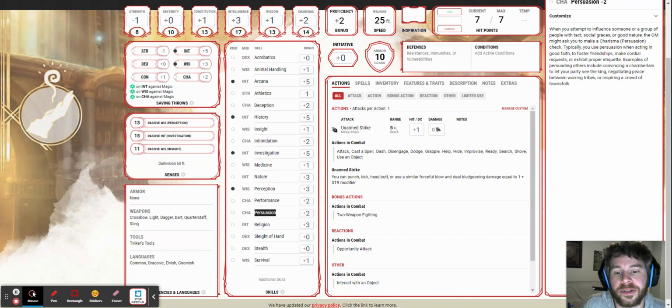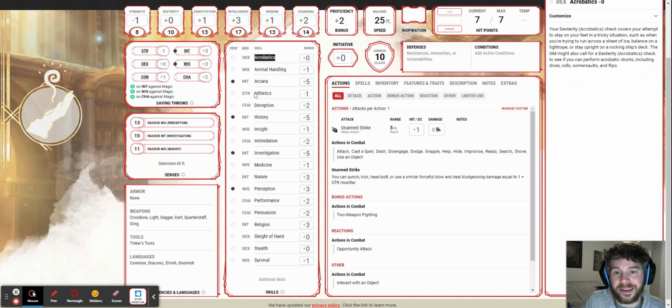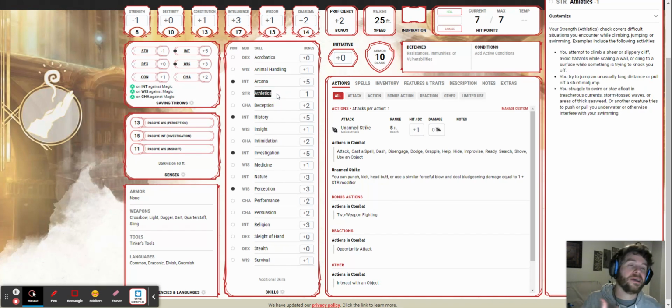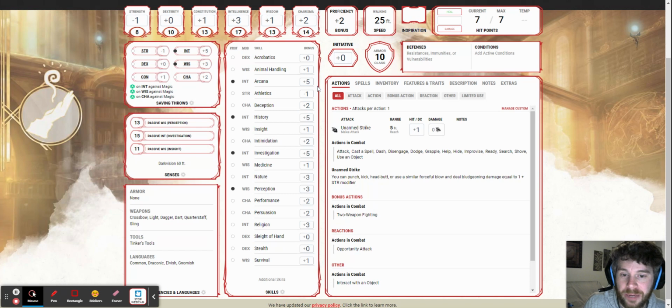We're pretty good at that. So whether that be persuading somebody to do something we want, or deceiving them to do something we want, right? Or maybe we're trying to sneak into something and we want to deceive someone to let us into this library, or persuade them to let us into the library. Both of those have their merit, right? A lot of the ones that are dex and strength based, we are terrible at, but that's okay. We're not really playing a physical type of character, so it doesn't really matter. We don't really need to worry about that, right?